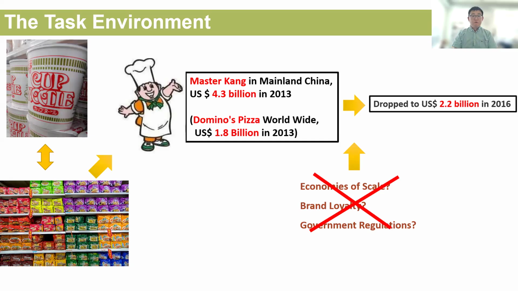In 2013, the sales of one type of cup noodle in China were about 4.3 billion, which is double the sales of pizza worldwide. So you see the huge market in China for cup noodles. However, after 3 years, their sales dropped by half, to only 2.2 billion.